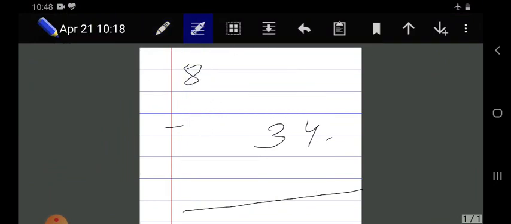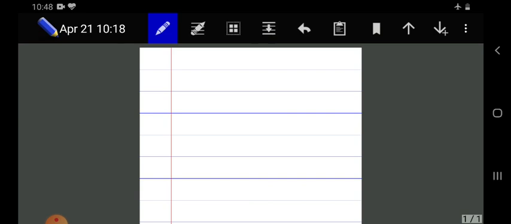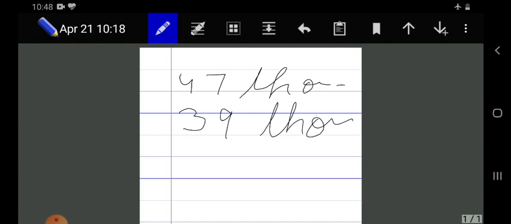So we subtract 39,000 from 47,000. So we can easily subtract. Okay, you just need to write 47,000 and you will write 1000 properly, okay, because the space is not proper for me, that's why I have written like this. 39,000 minus this.